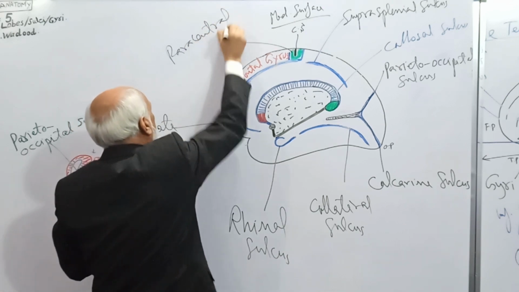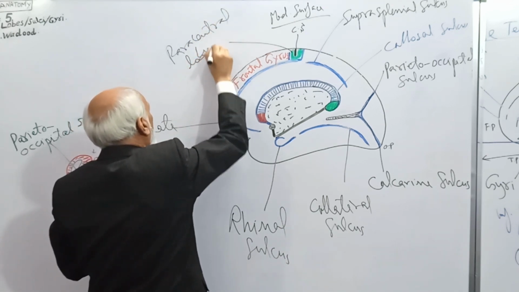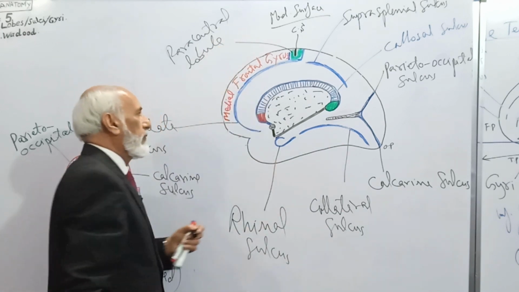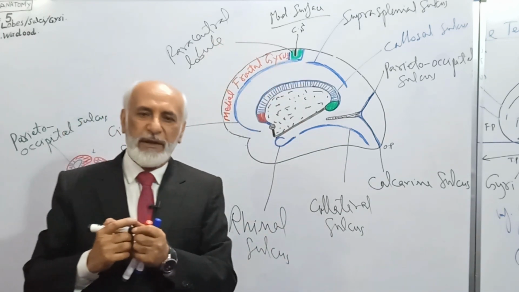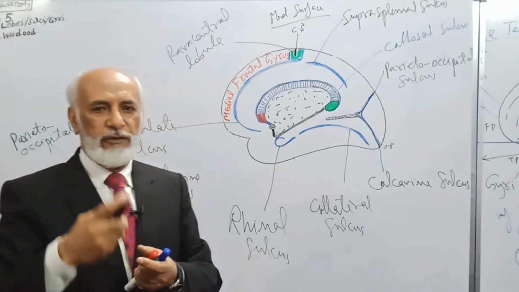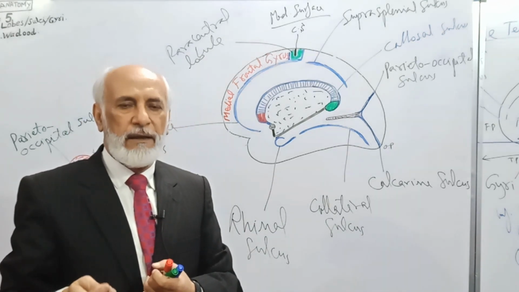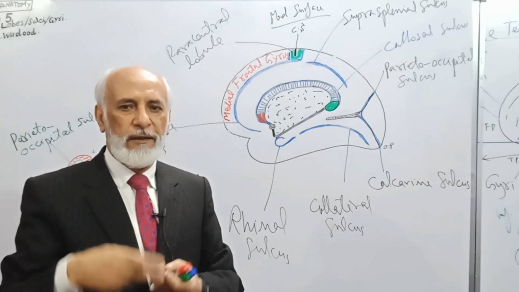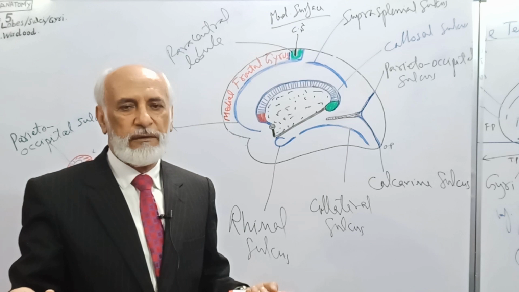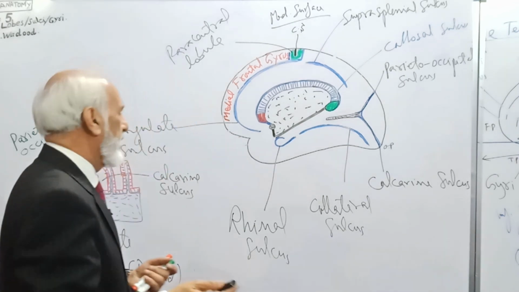Paracentral lobule, because here there are motor and sensory centers for the perineal region. And you know, in the perineal region, there is urethral sphincter and anal sphincter. If there is damage to this paracentral lobule, these sphincters will be paralyzed. So it is very important.